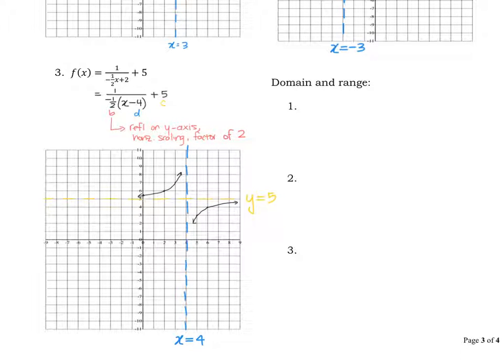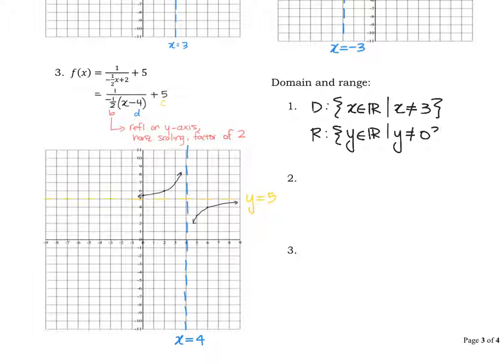Basically it's all based off of your vertical and horizontal asymptotes. So for the number 1 function, our domain is x is any real number except 3, because x equals 3 was our vertical asymptote. For the range, it's y is any real number except 0.